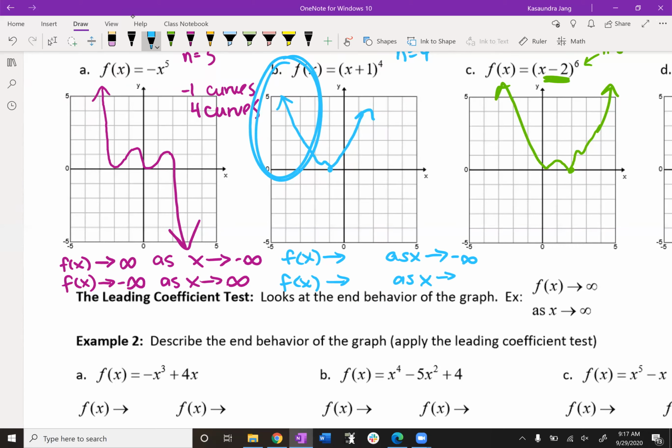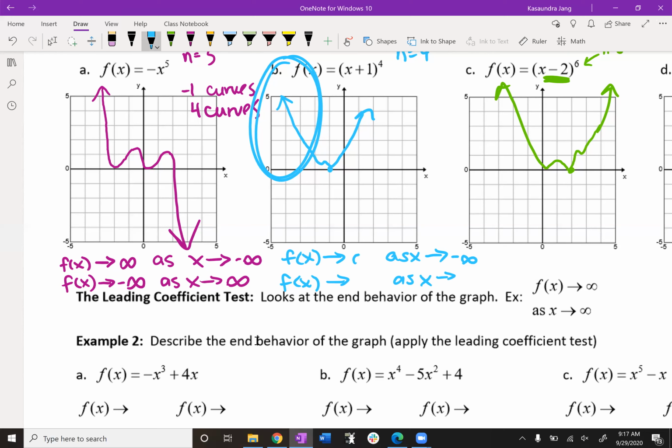But my f of x, like my y values. All right, Dylan G, what are my f of x or my y values? Is it going toward either positive infinity or negative infinity? Positive infinity, like it's going up.